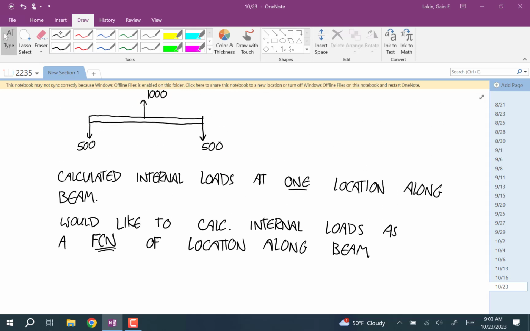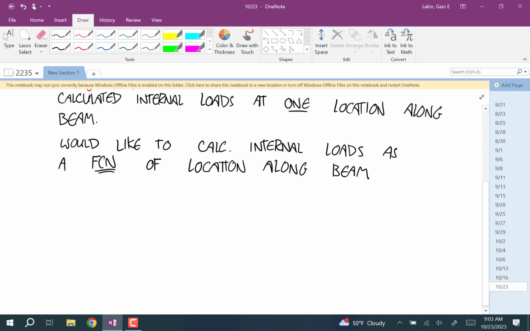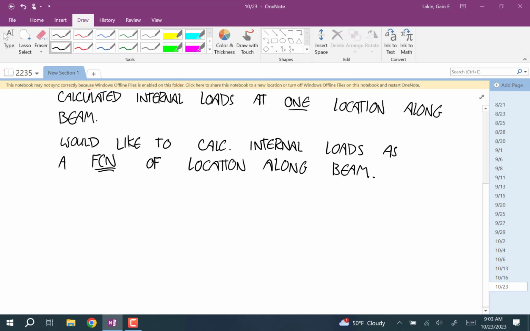And if we call this our sort of 0x, then positive x goes that way. Okay, so what we are eventually going to get to is calculating the internal loads as a function of x. Okay, to do that, you have to notice this.